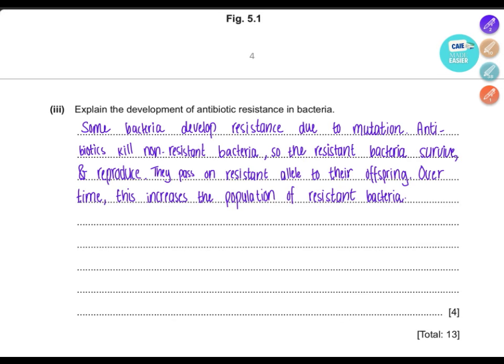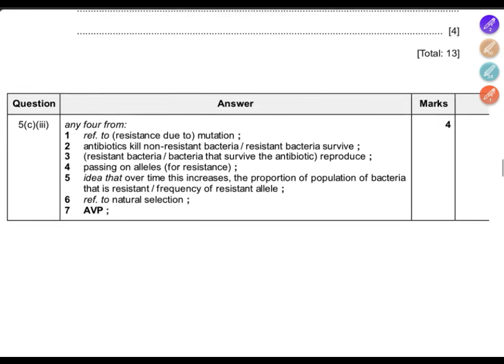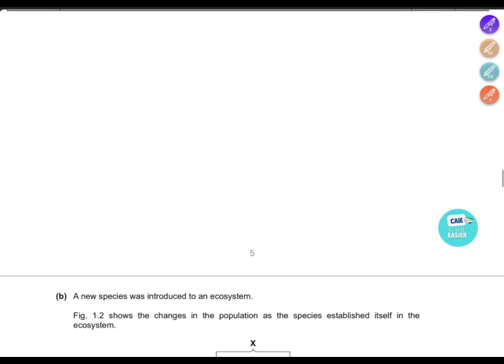The resistant bacteria are not going to be affected by that antibiotic. Antibiotic is only going to kill the non-resistant bacteria. The resistant bacteria are going to survive and reproduce. They're going to increase in number. They're going to pass that resistant allele to the offspring. Over time, this is going to increase the population of resistant bacteria, and this is how you will see the development of antibiotic resistance in bacteria. The answer is given here as well.